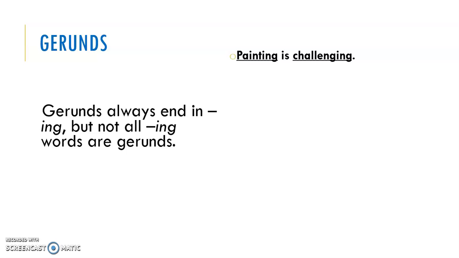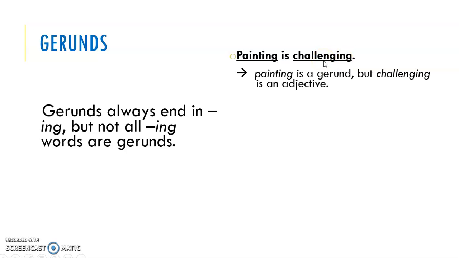In this sample sentence, painting is challenging, we see here two ing words, right? Here, painting is a gerund. So we've got that action of painting as the subject of a sentence, right? The verb is, but challenging is not a gerund. This is actually just an adjective.